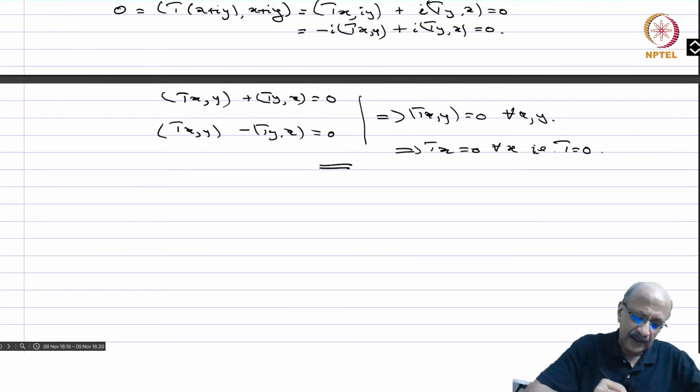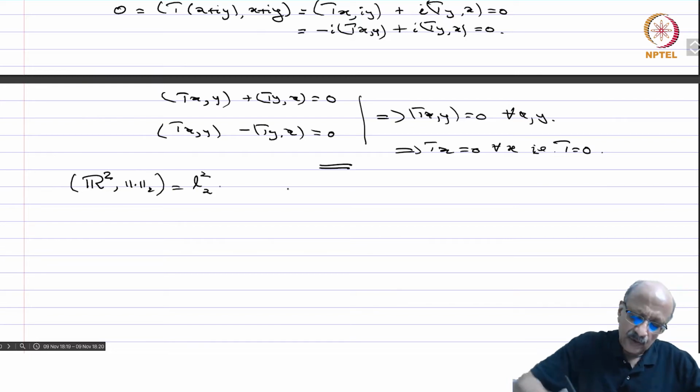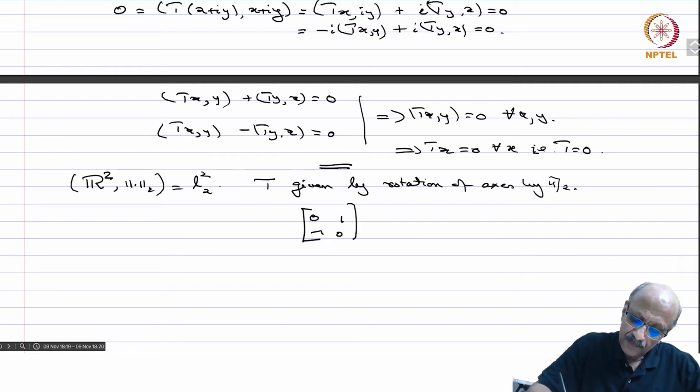So if you had a real Hilbert space, for instance if you take R2 with norm 2, that is L2 of 2, then you take T given by rotation of axis by pi by 2. So that is the matrix. The matrix of T is 0, 1, minus 1, 0.